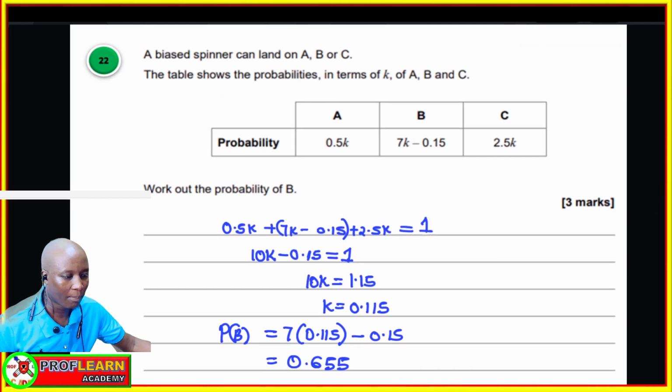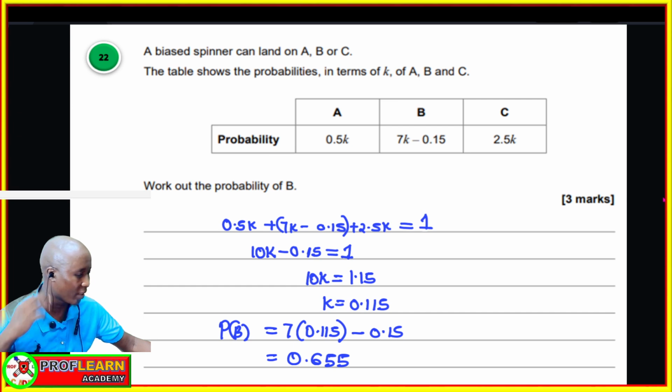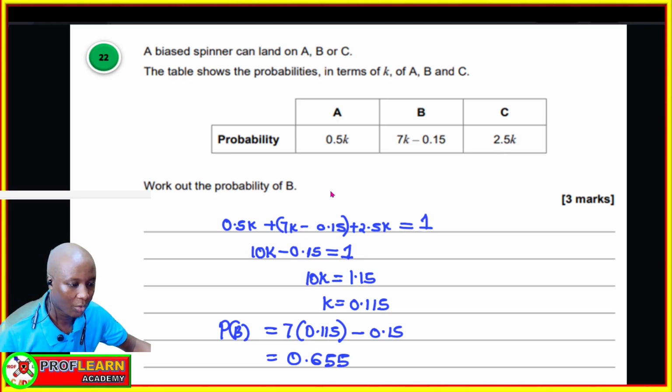And question number 22, if you are given a table like this and you are expected to find the probability of a given section, and also you are supposed to work out the missing term, you can say, if you add everything that you have here, the probability must add up to 1. So you are going to form an equation by adding everything in this table, and that is equal to 1.